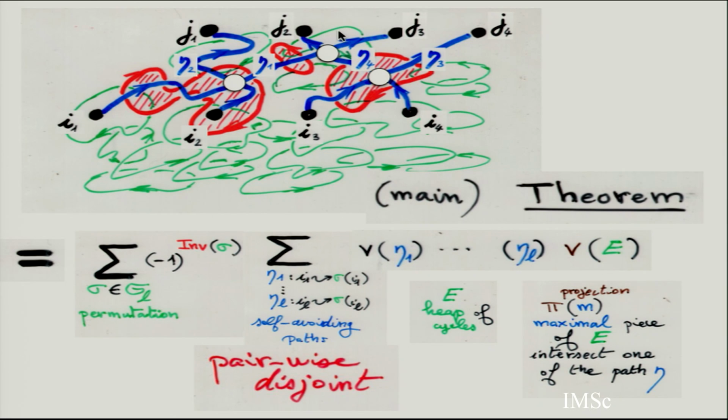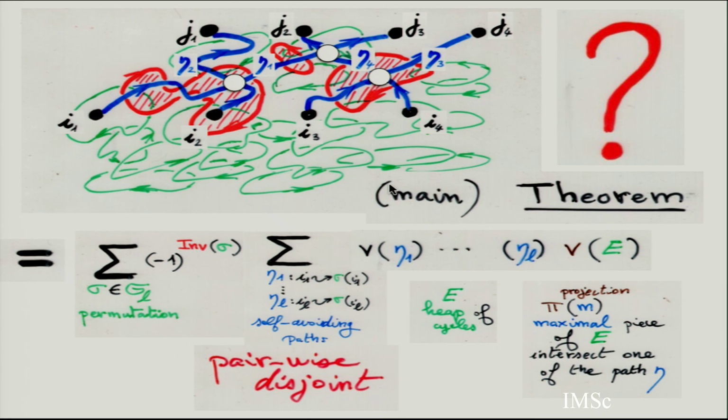Now the blue paths are non-intersecting, and there is only one heap, E, with the condition that the maximal pieces of the heap E must intersect the blue paths. So that's a big problem.